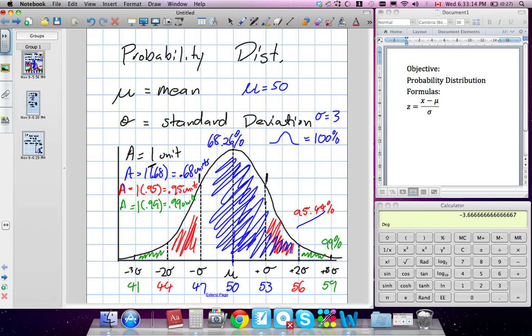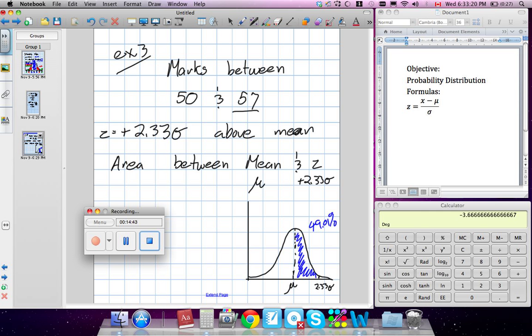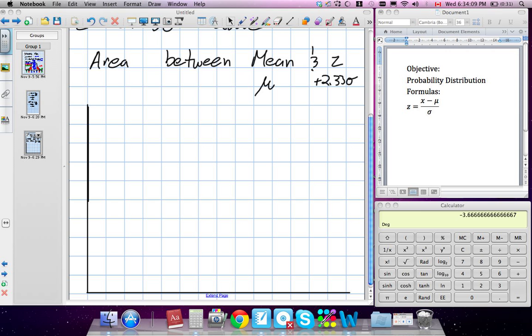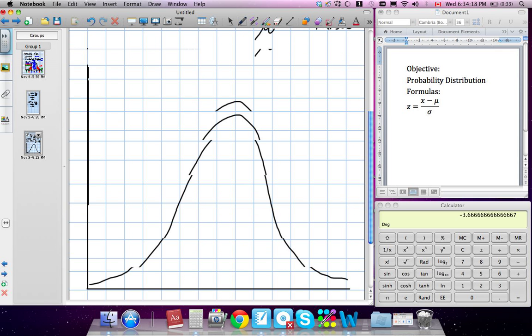What they're talking about is they have their bell curve. So something like that. There's our mean. And we'll say that this is 2.33 standard deviations above.